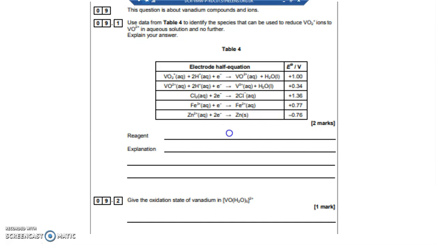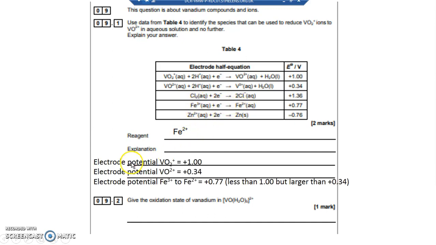Okay. So my answer is the reagent that can be used is Fe2+. That can be turned round and make Fe3+, because the electrode potential of VO2+ is 1. The electrode potential of VO2+ is plus 0.34. And the electrode potential of Fe3+ to Fe2+ is 0.77.